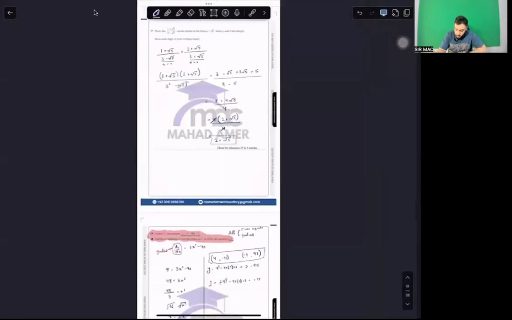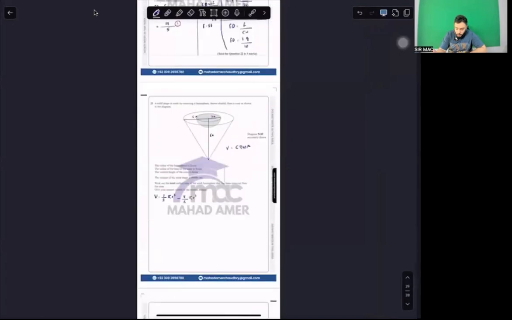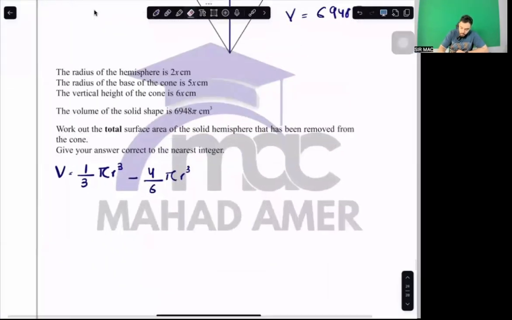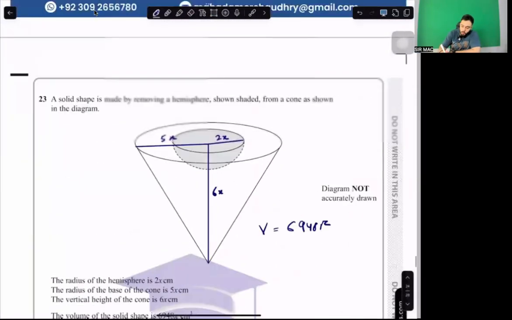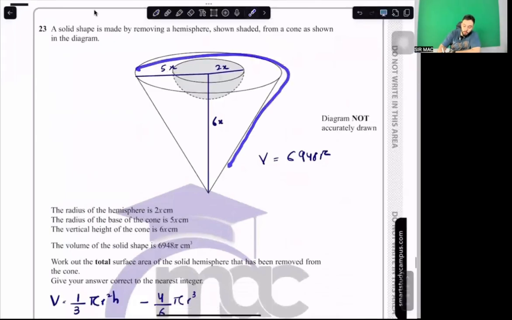So it's pi r squared h rather than pi r cubed. If you get the whole volume of the cone and take away the volume of this hemisphere, you would be left with the volume of the solid.